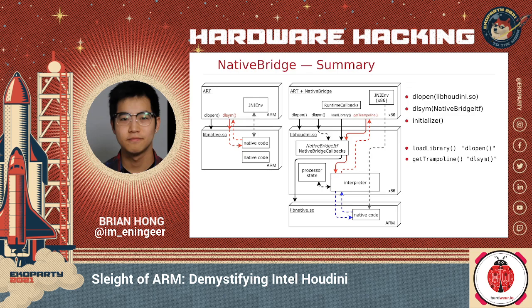What libhoudini does is it remembers where the jniinv that was passed in was, and then it creates its own fake jniinv structure filled with ARM function pointers, and it uses that to pass to our ARM native code.